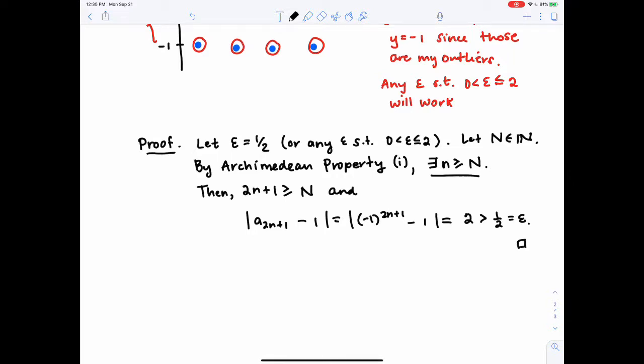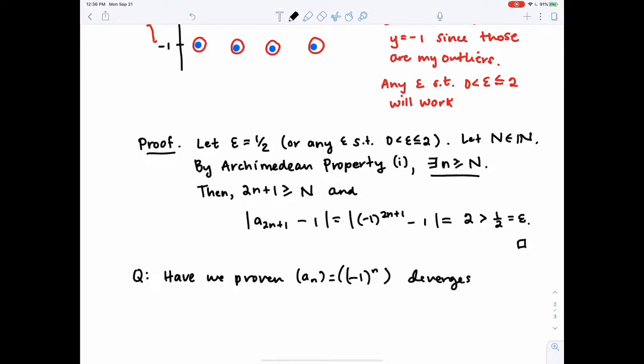And then what you would ask yourself here is, have we proven a_n equals -1 to the n diverges? Well, the answer here is no. We've only shown it doesn't converge to 1.